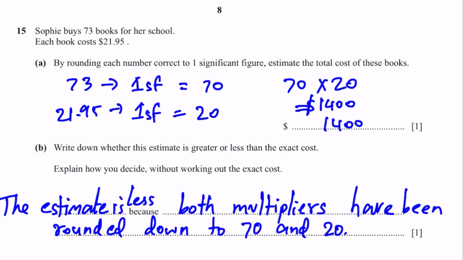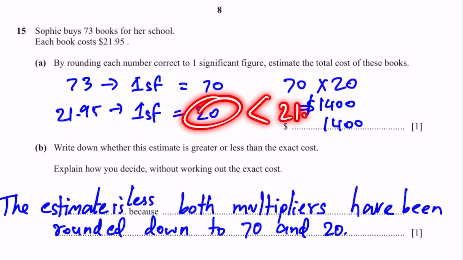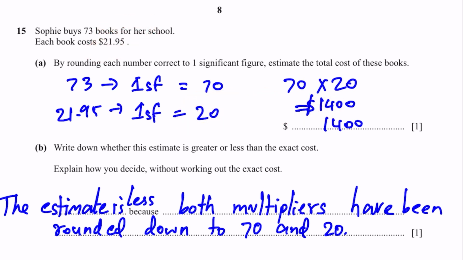What I mean is 70 is less than 73, which is the actual value. 20 is less than 21.95. Again, that's the actual value. So if you multiply them, it'll obviously be lesser.